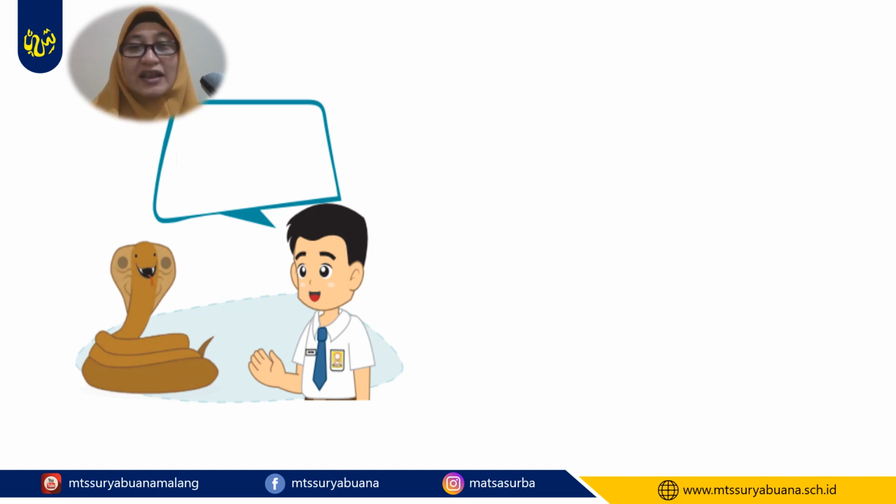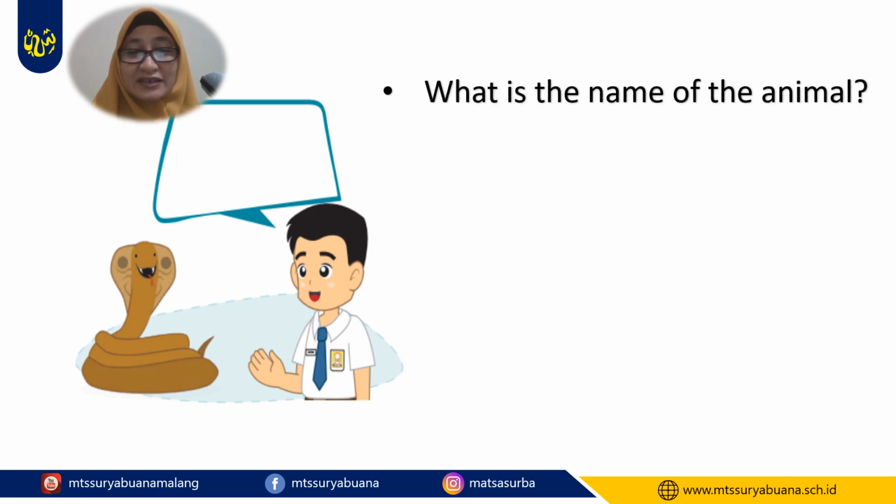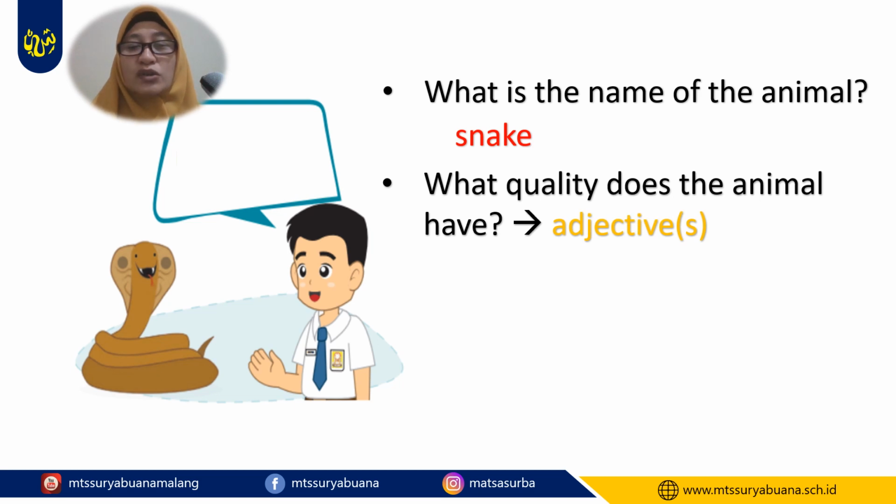Okay, the next animal is a, can you say this? Yes, what is the name of the animal? A snake, right, this one is a snake. Then the second question, what quality does the animal have? We use adjective. It's wild.